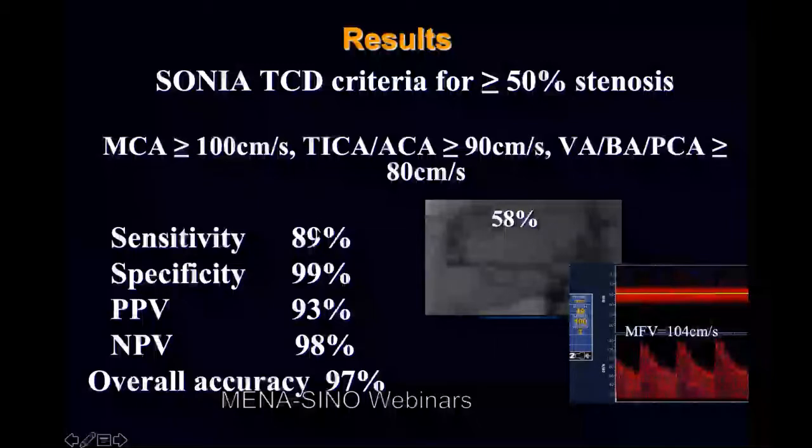But again, take that with a grain of salt, because this is an expert sonographer. So this doesn't describe the real world, the real picture of TCD. So we have a very good sensitivity and specificity if we use the criteria more than 50% based on SONIA criteria.